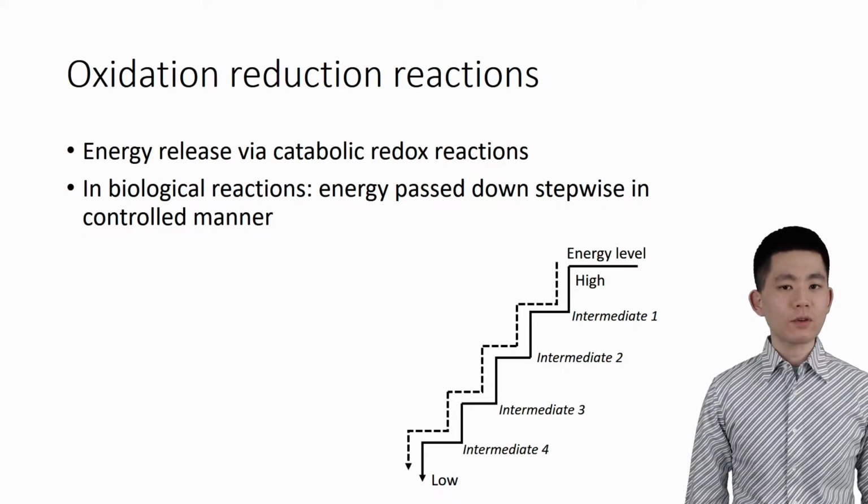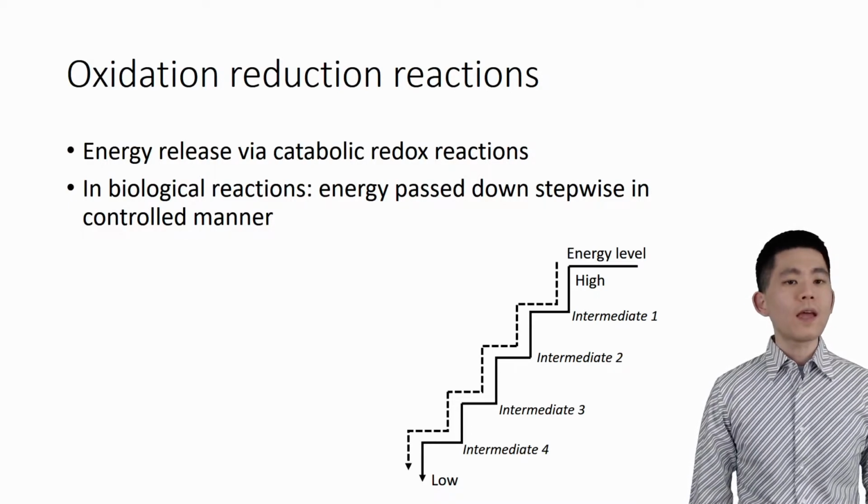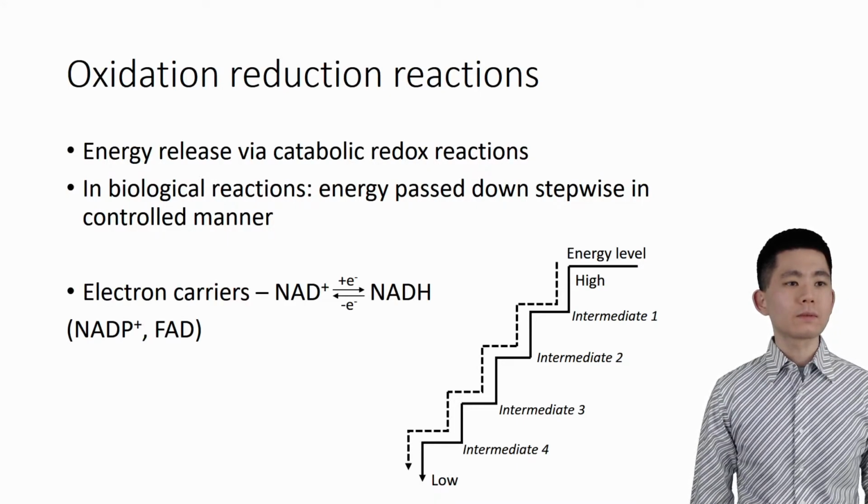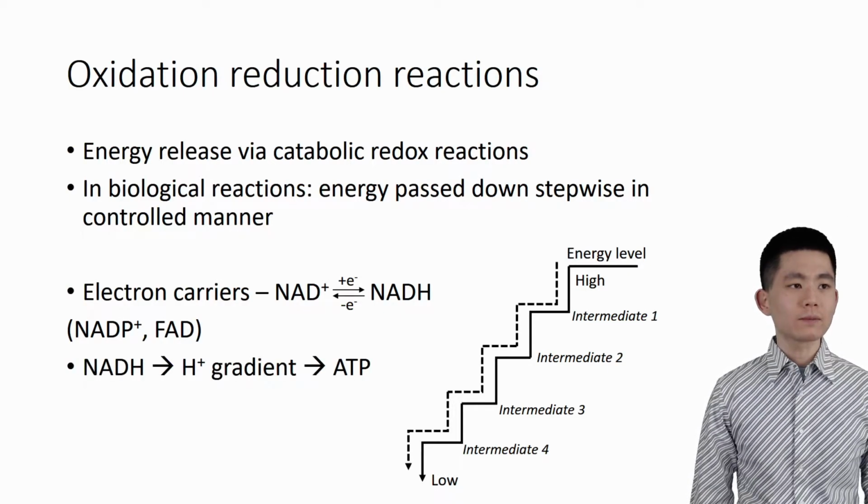A typical electron carrier is nicotinamide adenine dinucleotide, NAD+, and its reduced form NADH. NADH can be used to generate a common energy carrier, ATP.